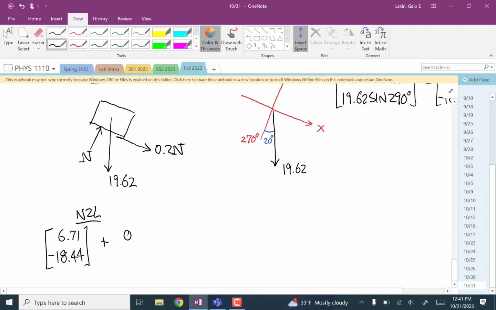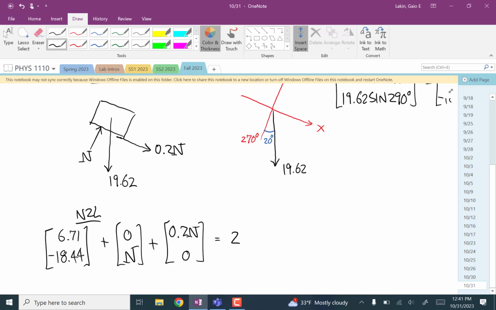And then we've got 0n plus 0.2n0 is equal to the mass, 2 kilograms, times the acceleration. Is this going to accelerate along x or along y? X, so this is a0.